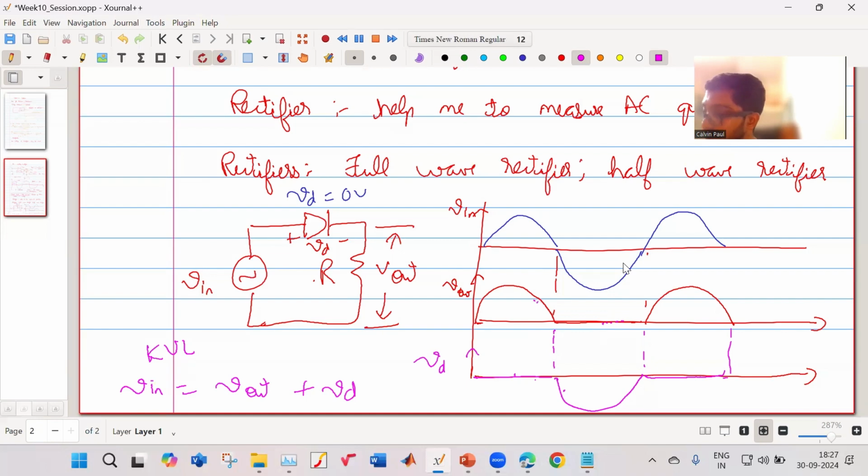Now, in case the diode had a drop, it would have some voltage like this over here. Some voltage it will have. Okay, this is your diode forward drop. Over here, it will be as it is, because it is blocking. Then here, when it is conducting, some constant voltage across the diode will be there. What will happen to your V out then?